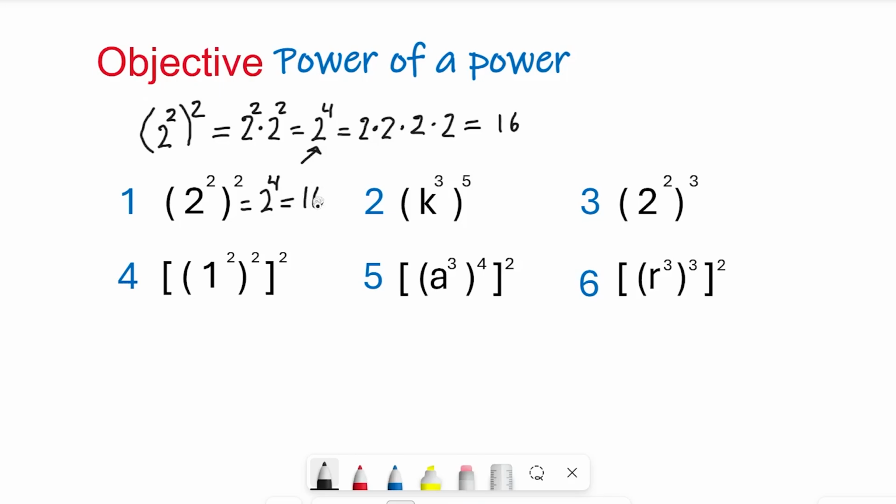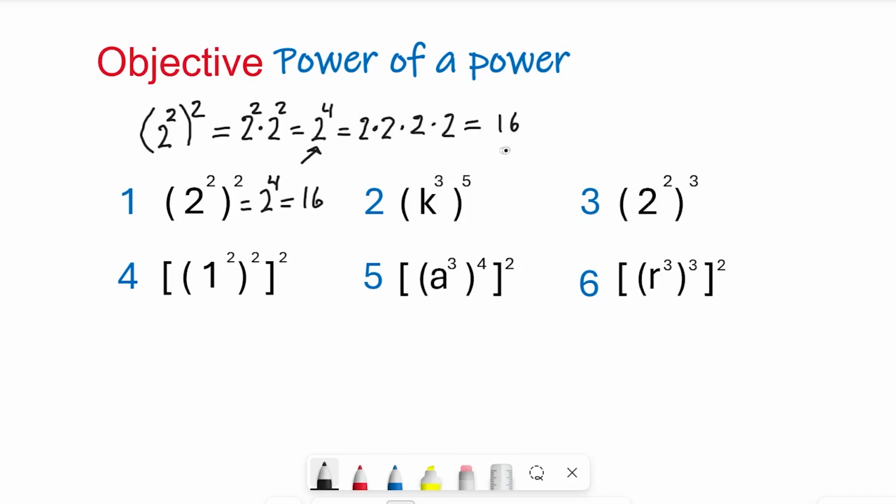Okay, that's why they call it power of a power, because once you apply this rule, it means that you have two factors, and to get the answer, we get 2 to the fourth power. This is another power, okay? And you multiply the base times how many factors we have. We have 4 of them, so that's how we get the answer.